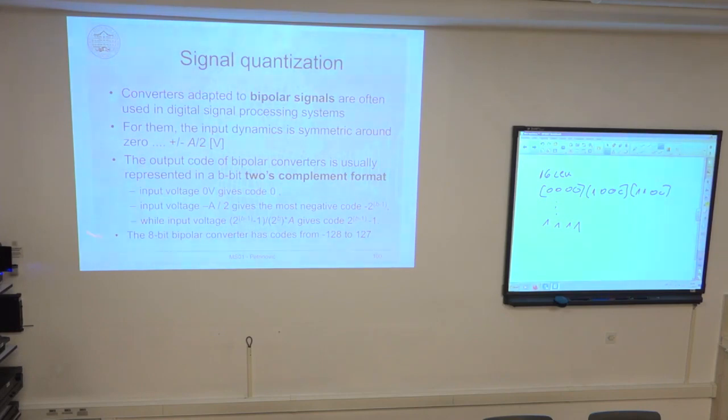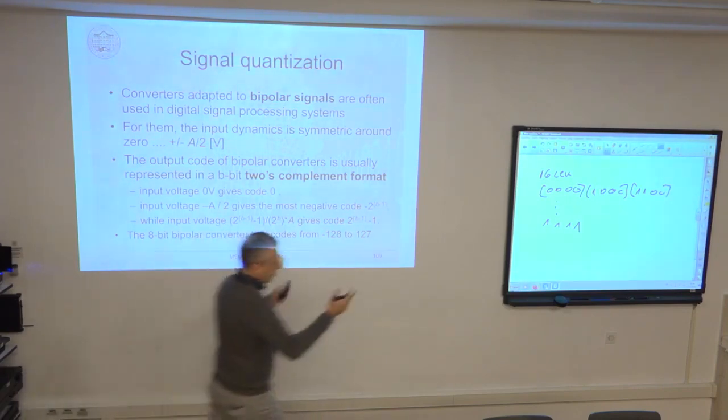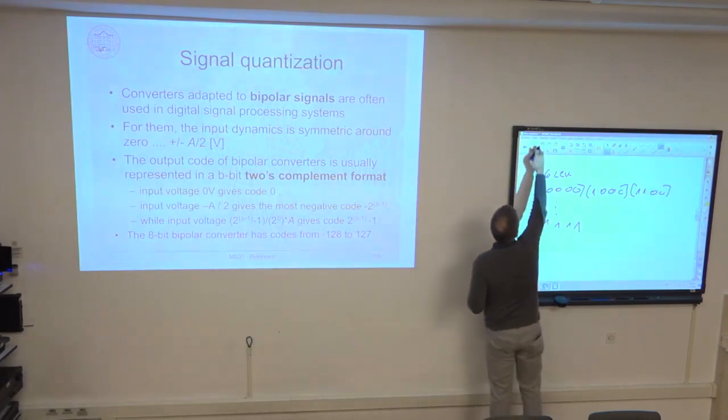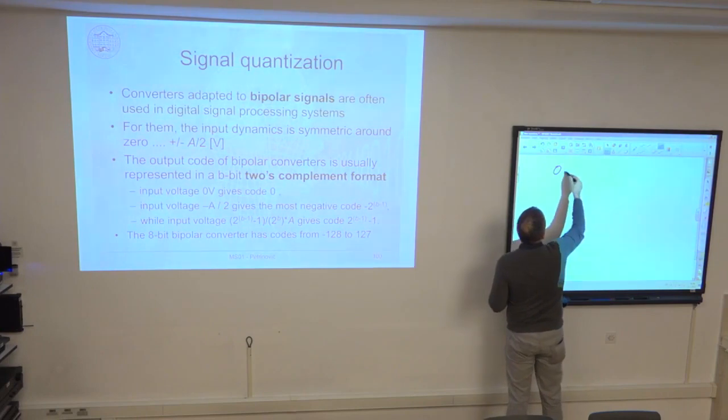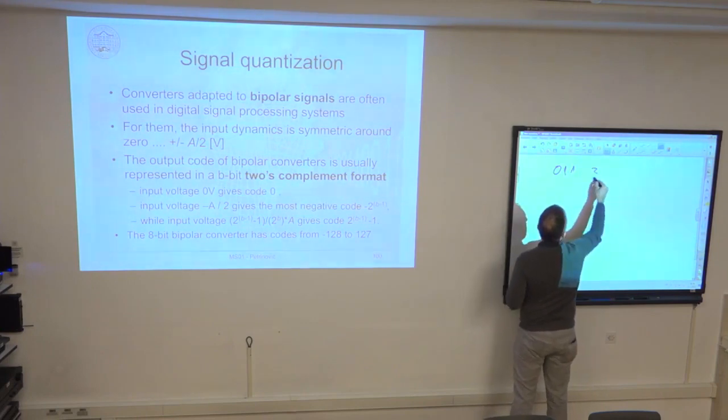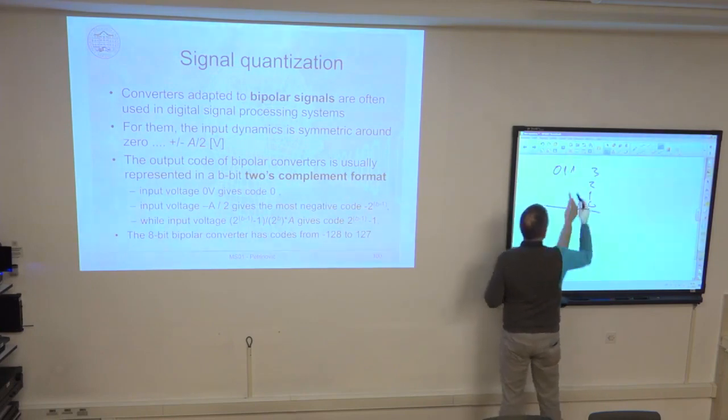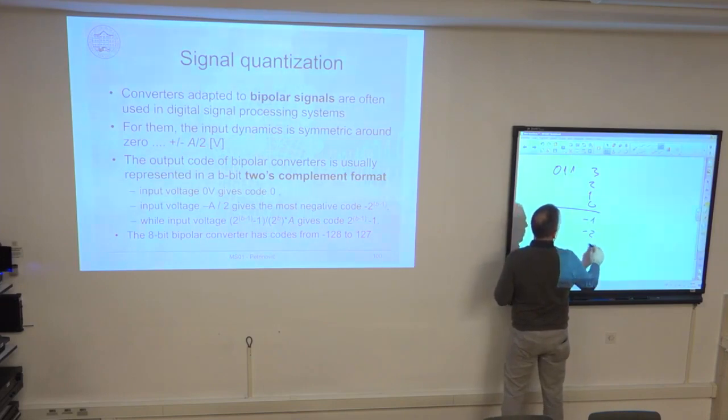Okay, so typically, if you have this bipolar converter, then the output code is encoded with this two's complement representation. So the positive values are then from 0 to, for the example of 4-bit two's complement, I would have only 3 positive values, 3, 2, 1, 0, and 4 negative, minus 1, minus 2, minus 3, minus 4.